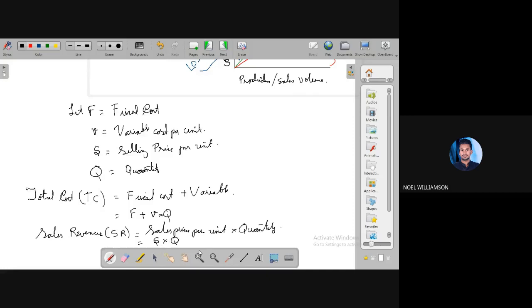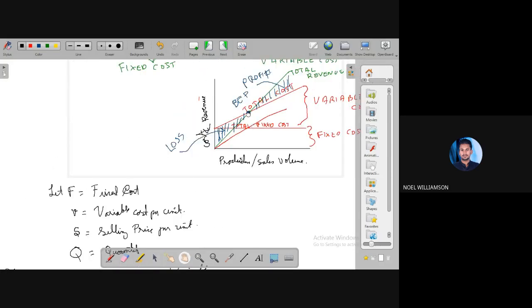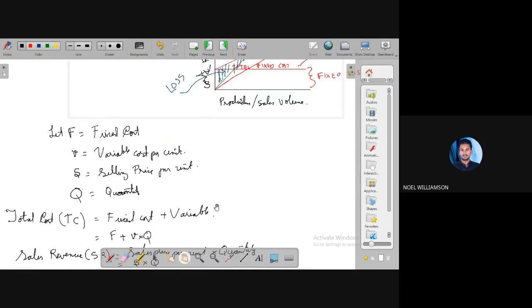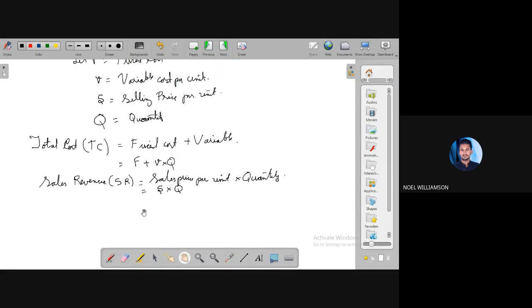S into Q. Okay. So what happens is, at the point of break even, we have seen here, at the point of break even, these two values are same. So we can equate the two, and we can say at break even point, these two will be same.